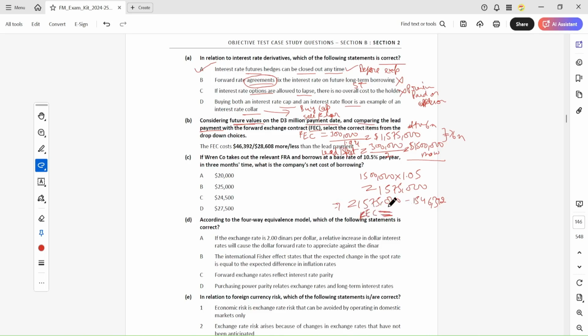We will pay 28,608 more than the lead payment.